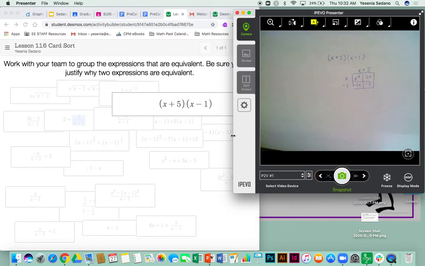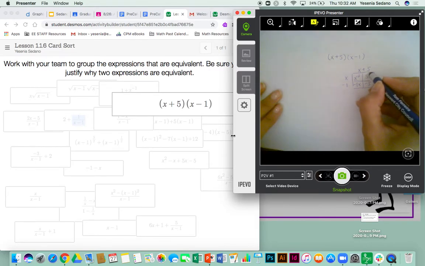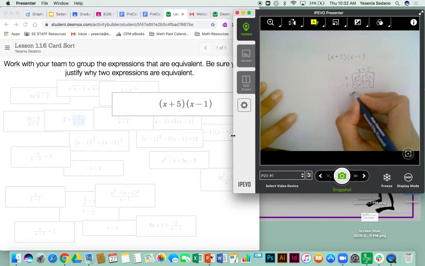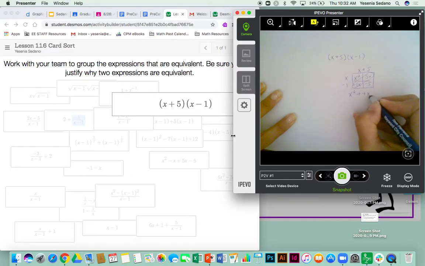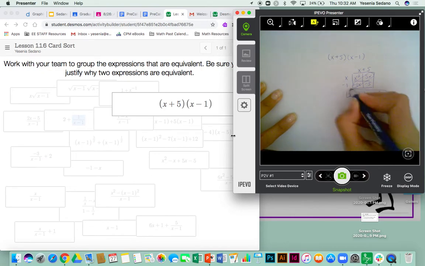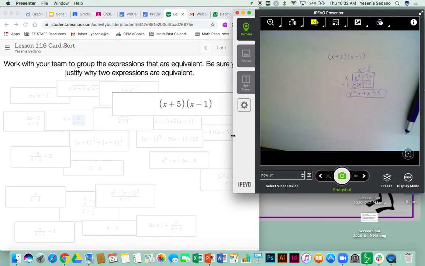Usually when you have the box method, you add these two on the diagonal. So I'm going to have x squared, and then negative 1 plus 5 is plus 4. Don't forget your like term x. Then you have minus 5.